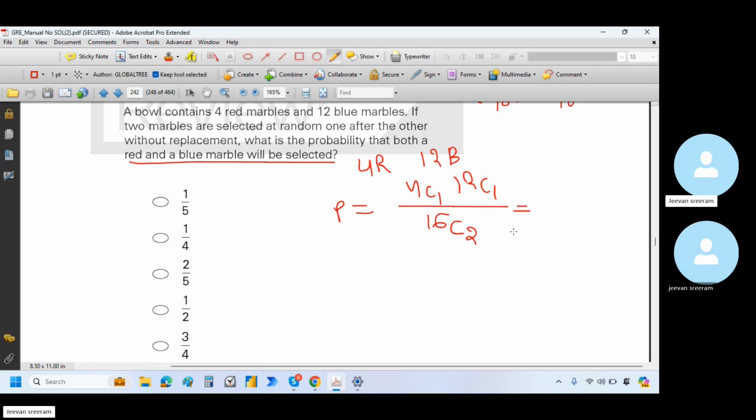So this probability actually covers both things, first red second blue, and also first blue second red.